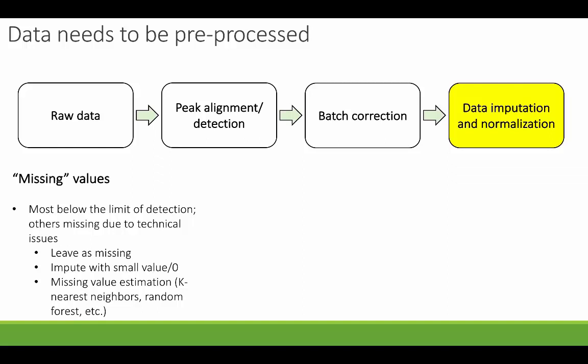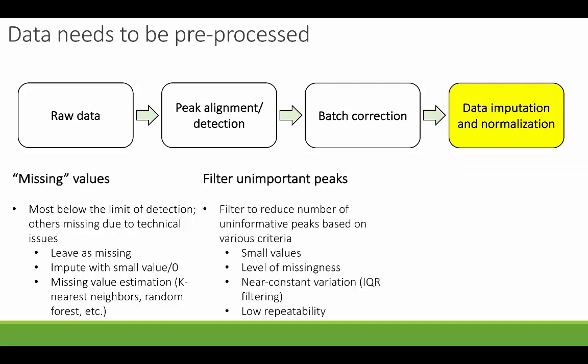And then there may be some values that are missing because of technical issues. There are a variety of different approaches that could be used for imputation, such as leaving these values as NA or missing, imputing with a small value, or doing a more complicated approach such as k-nearest neighbors or a random forest algorithm.